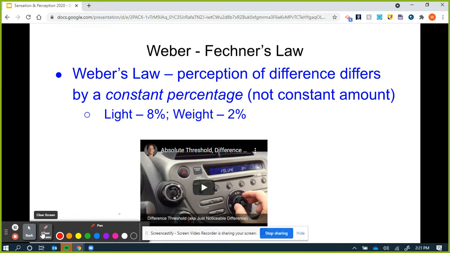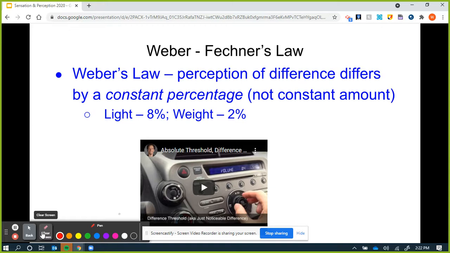It doesn't apply to all of them, but for the purpose of this class it does. It says that for us to notice a change in the intensity of a stimulus, it differs by a constant percentage. So for us to notice that something has gotten brighter, it has to get 8% brighter or 8% dimmer. For us to notice that something's gotten heavier, it has to get 2% heavier.